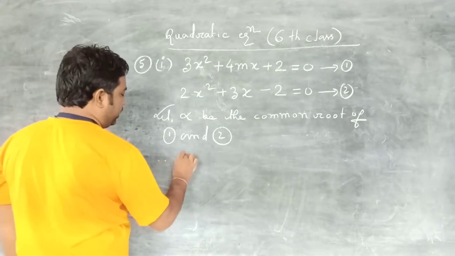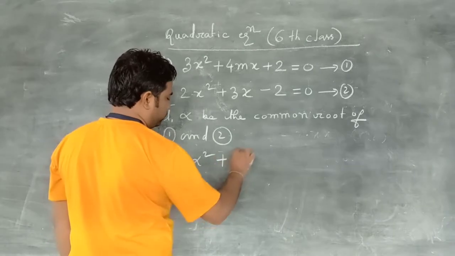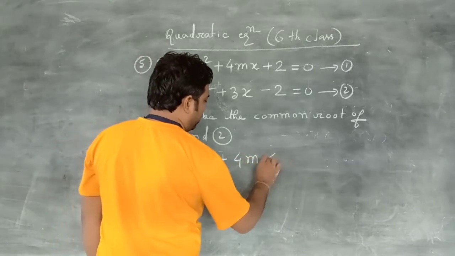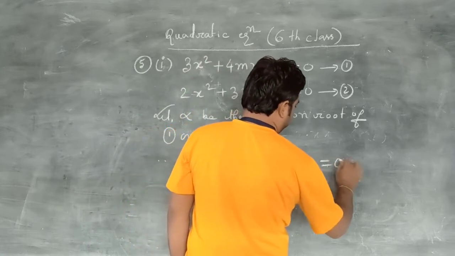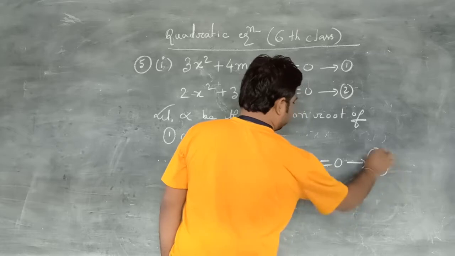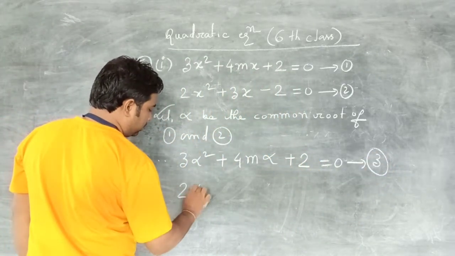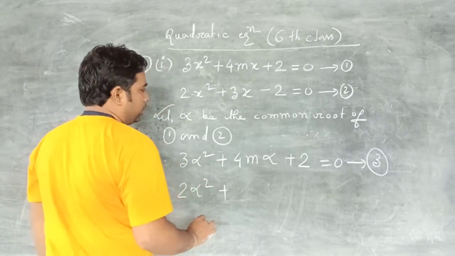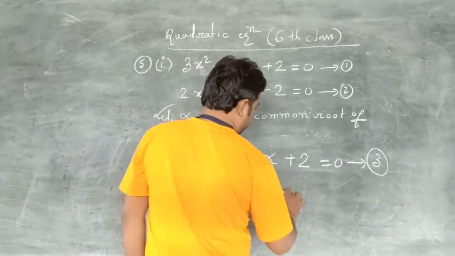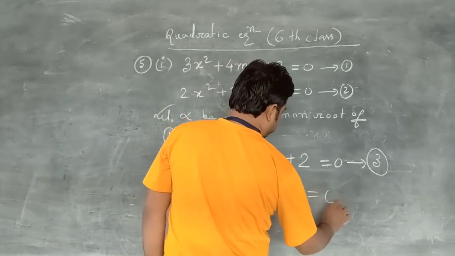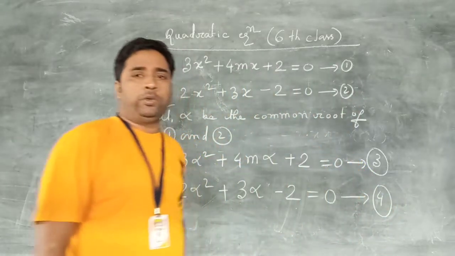This can be written as 3 alpha square minus 4m alpha plus 2 equal to 0, and next, 2 alpha square plus 3 alpha minus 2 equal to 0. So these are equations 3 and 4.